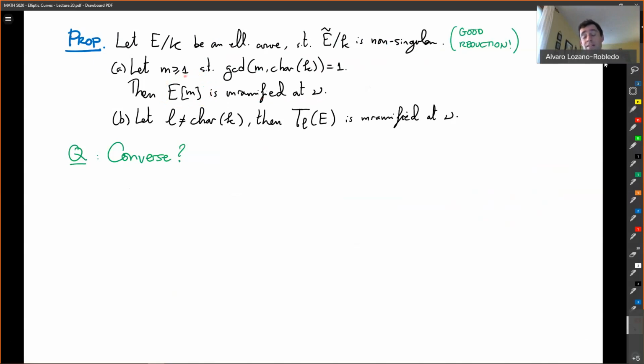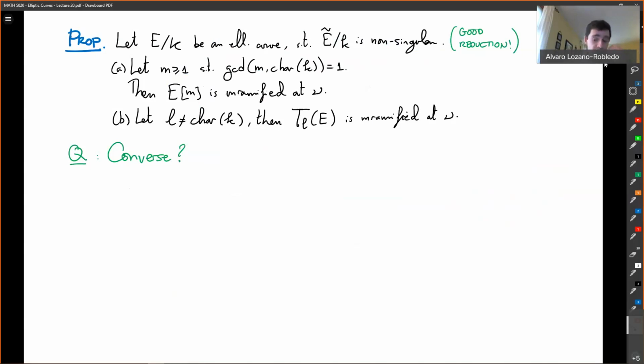What that means is that the points are fixed by inertia. So if you adjoin the coordinates of these points to your base field, the extension you get is unramified at nu.